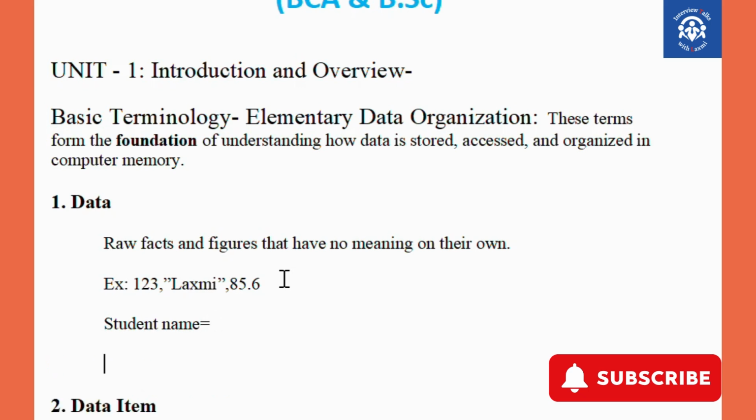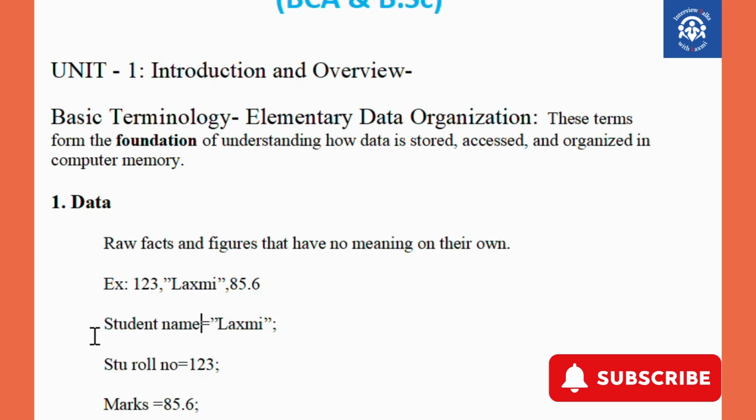Student name equal to Lakshmi, and student roll number equal to 123, and student marks equal to 85.6. So I got this percentage.